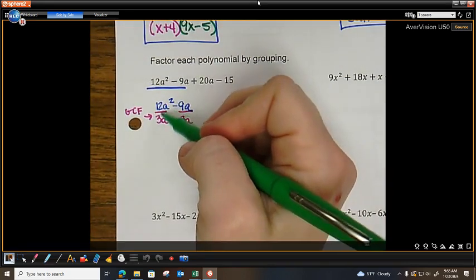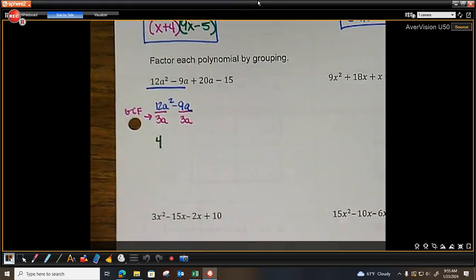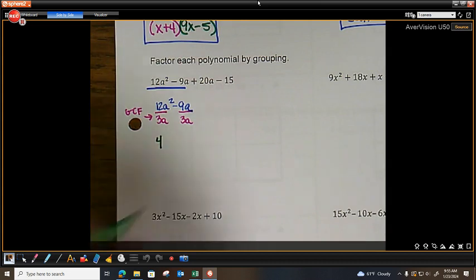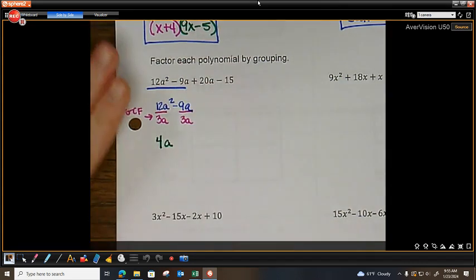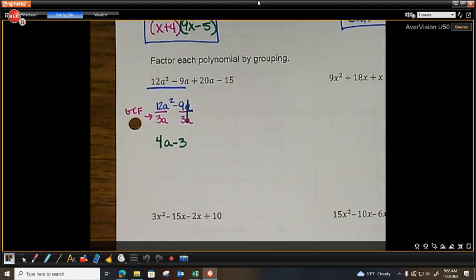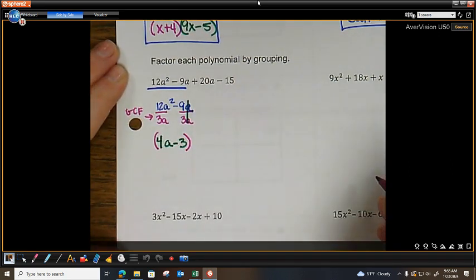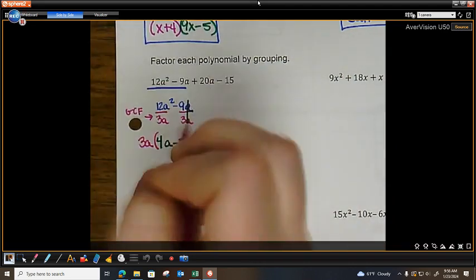So what's 12 divided by 3? If you have an a squared over an a, cancel a pair and you're left with a. What's negative 9 divided by 3? Negative 3, and then a over a cancels out. What was my GCF? 3a. Put it out in front.